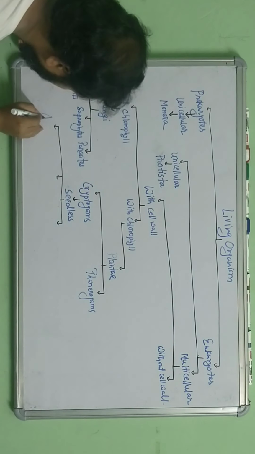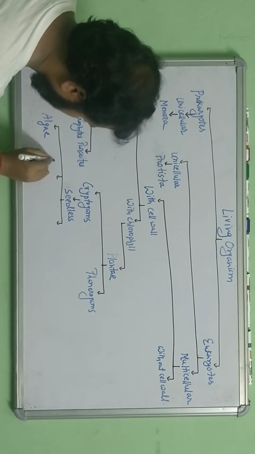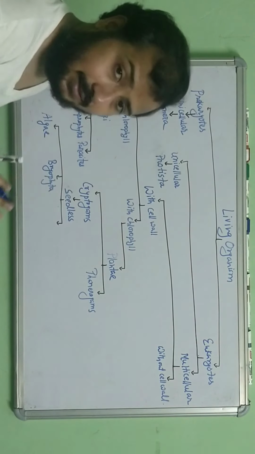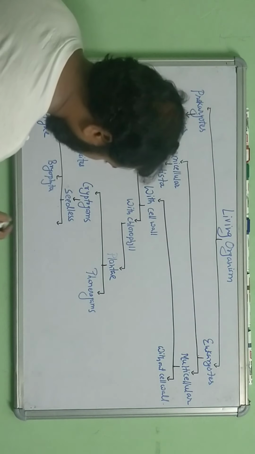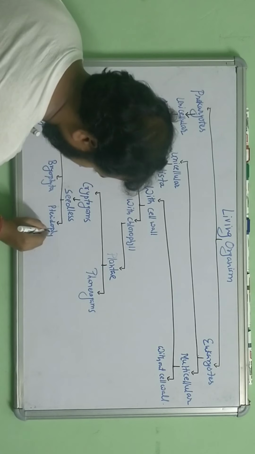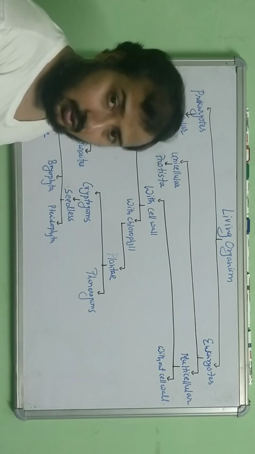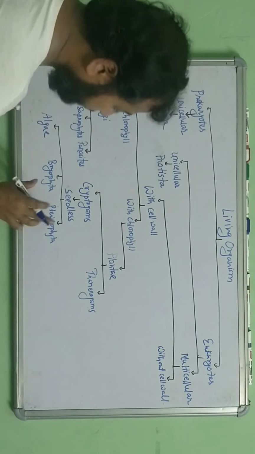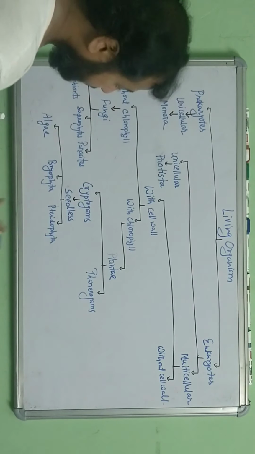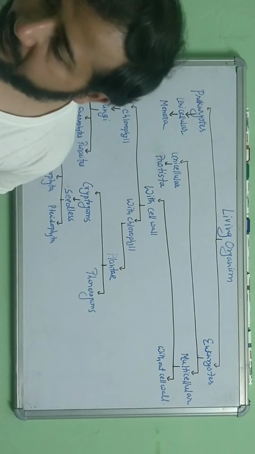Number 1, algae, which is known as thallophyta, then bryophyta, which means mosses and all, and pteridophyta, which means ferns and all. These are different divisions under plant kingdom. 3 different divisions come under this plant kingdom. The plants which come under these 3 categories are seedless. Clear?